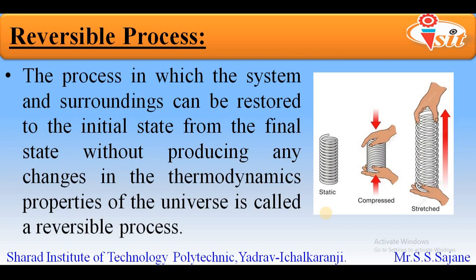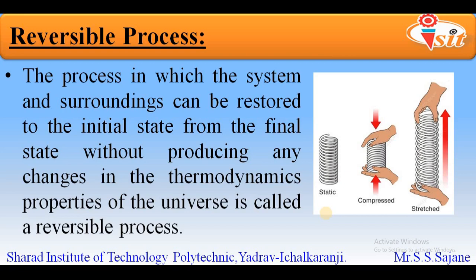Thus neither the system nor the surroundings are much affected. However, if we go for more detailed calculations, then the work for compressing the spring and the work obtained by the retraction of the spring will never be the same. There will be some minor difference between the applied and obtained work, but still we are neglecting these minor changes, and we are assuming that the process is reversible.